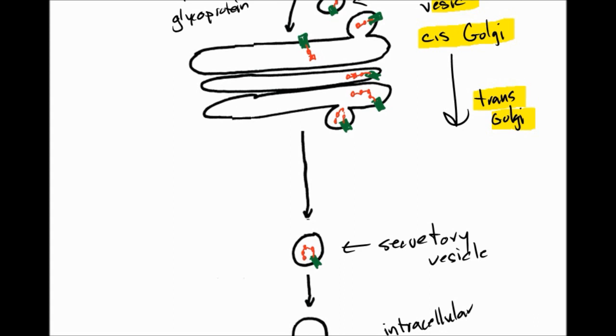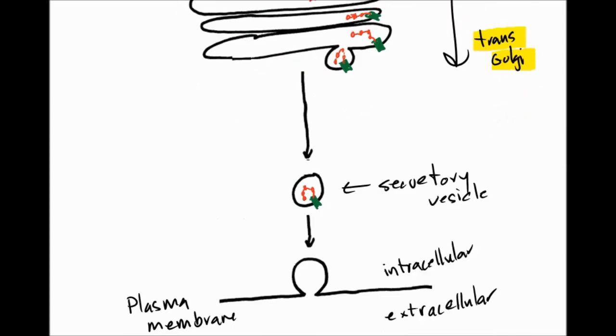They're not on the cytoplasmic side. So now when this vesicle fuses with the plasma membrane, the carbohydrate additions are all facing extracellularly. So this transmembrane glycoprotein, which I'll show here, situated in the plasma membrane, will have its carbohydrates facing the extracellular side.